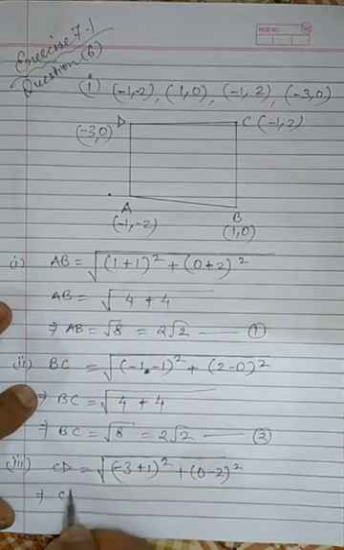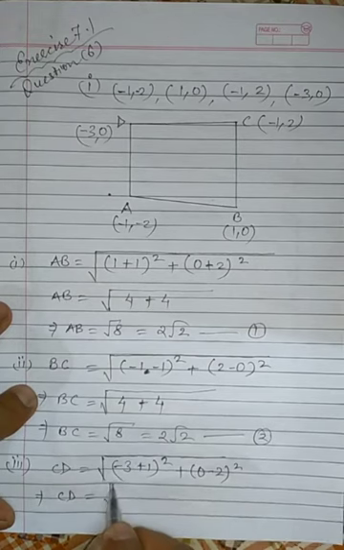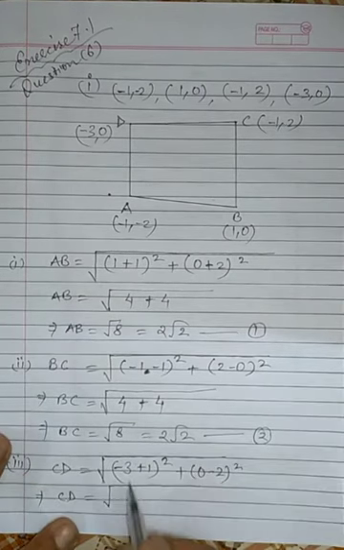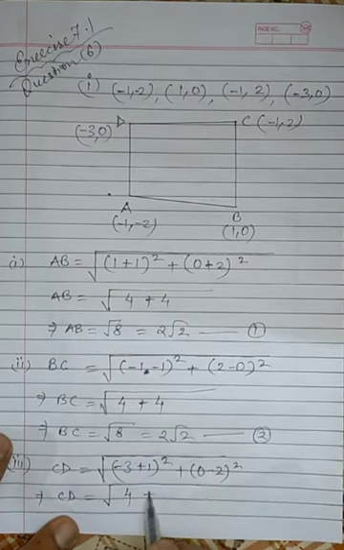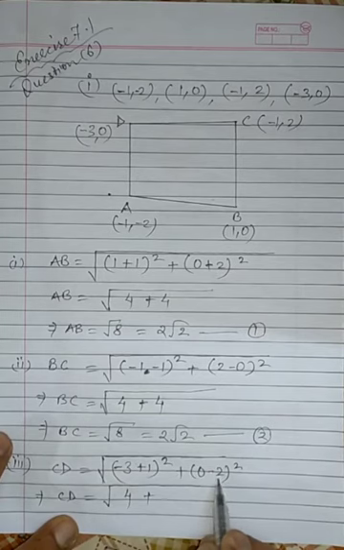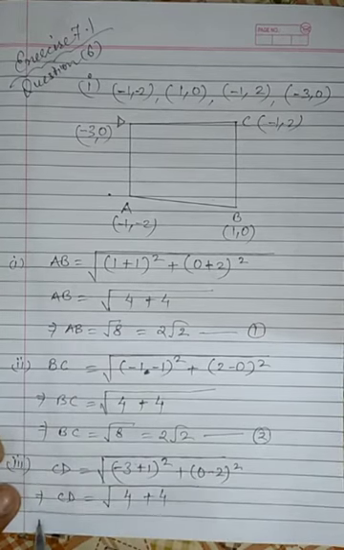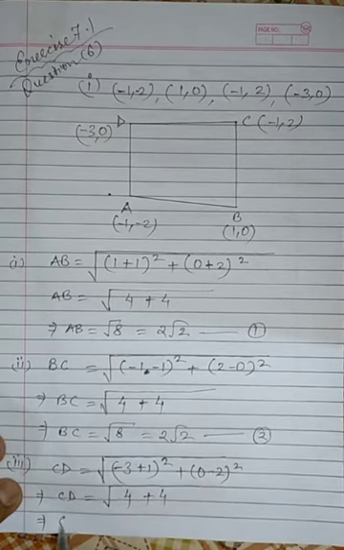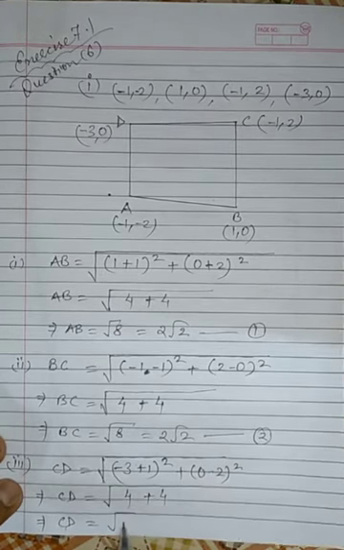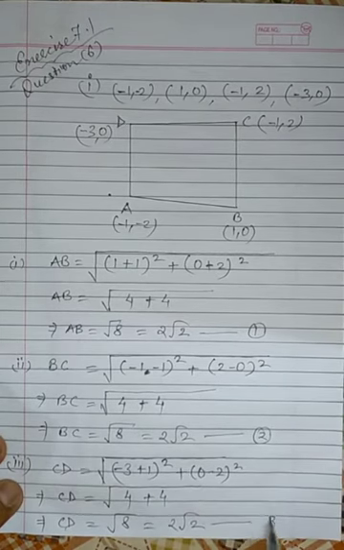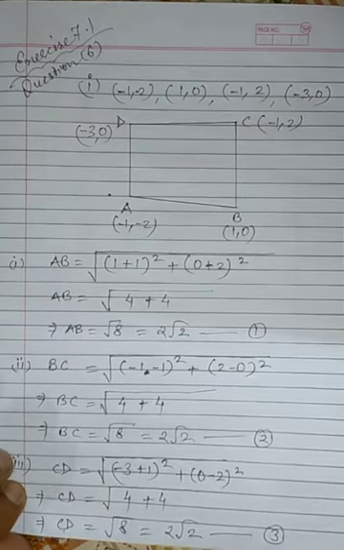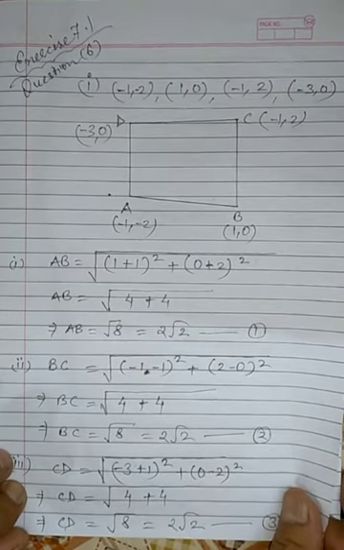That implies CD is equal to under root (-3 plus 1 equals -2, and -2 square equals 4) plus (0 minus 2 is -2, and -2 square is 4). Therefore, CD is equal to under root 8, which is also equal to 2 under root 2. This was your third part.